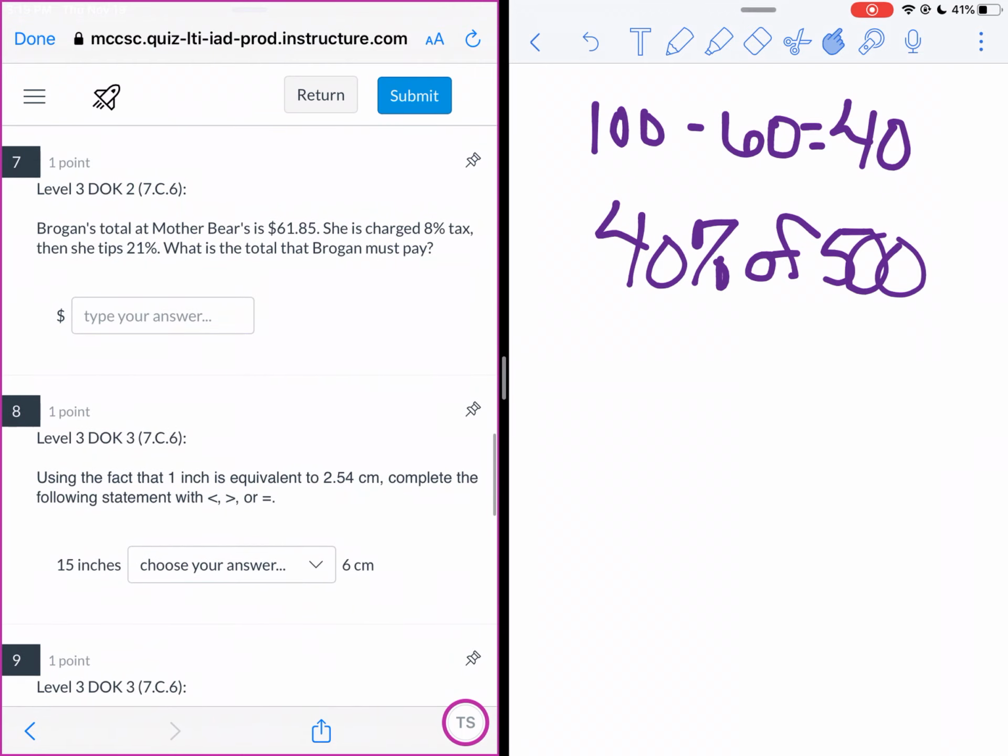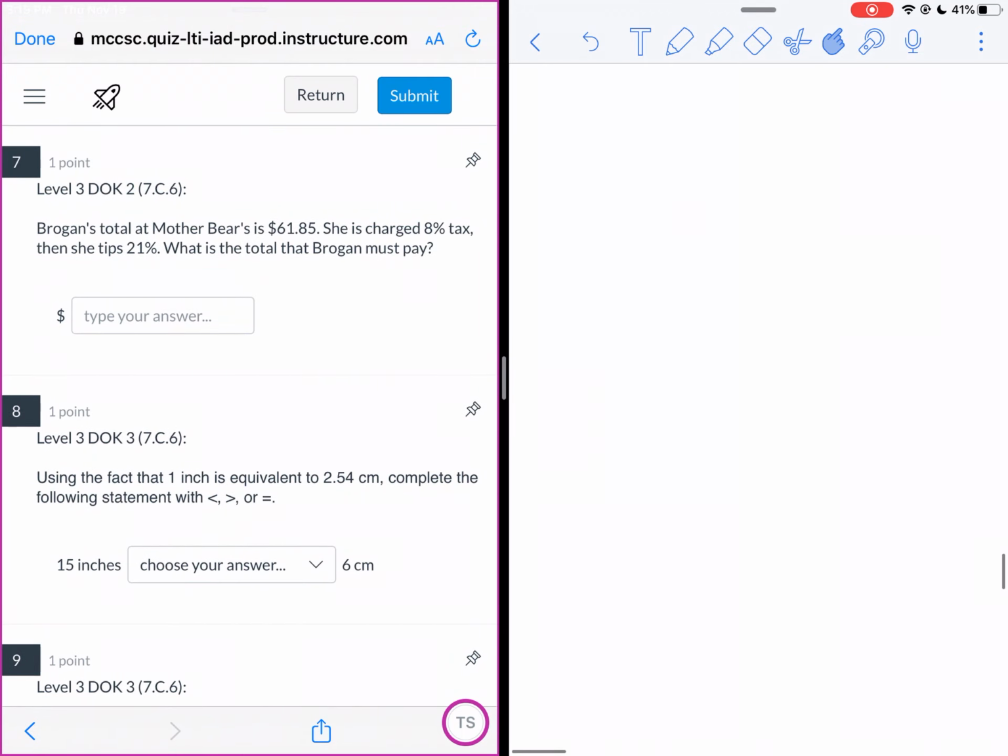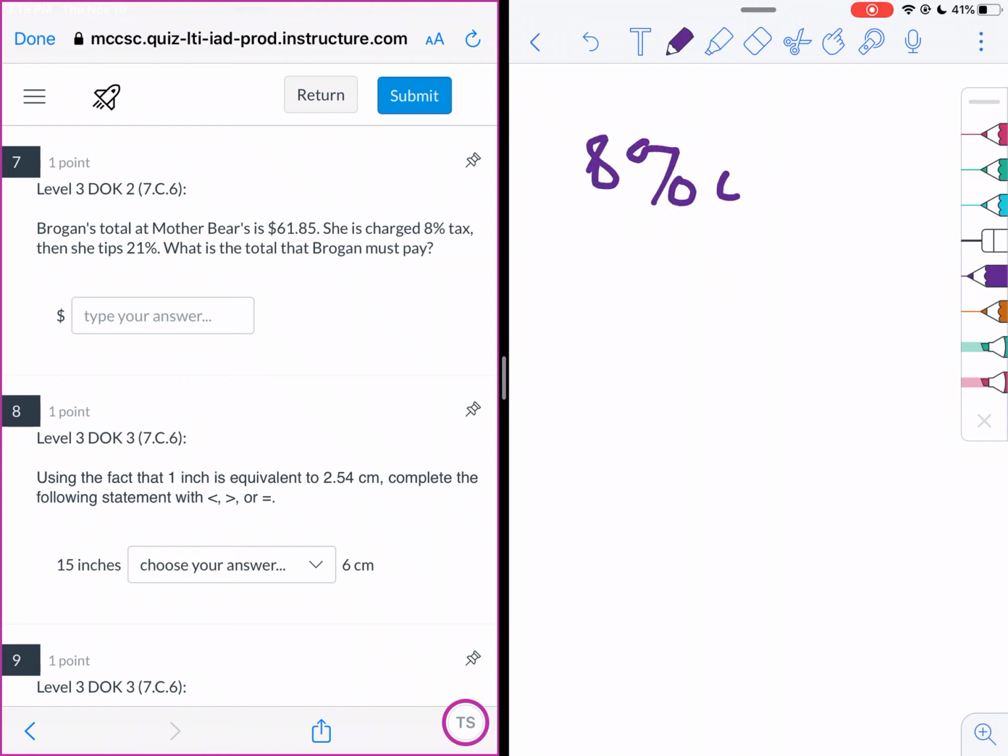All right, number 7. Brogan's total at Mother Bear's is $61.85. She is charged 8% tax. Then she tips 21%. What is the total that Brogan must pay? So first she's charged the tax. So 8% of the $61.85.